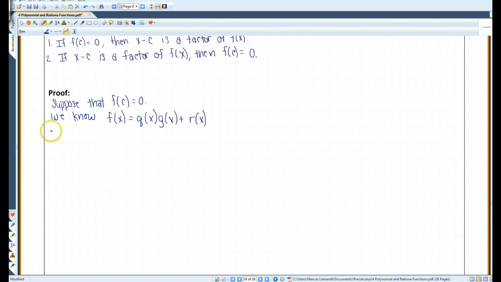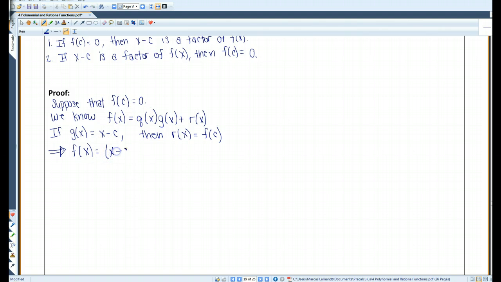Now we know from the remainder theorem, if g of x is x minus c, then r of x is f of c, because that's the remainder, right? So let's plug this in. F of x equals, and I'm going to write the g of x out in front.